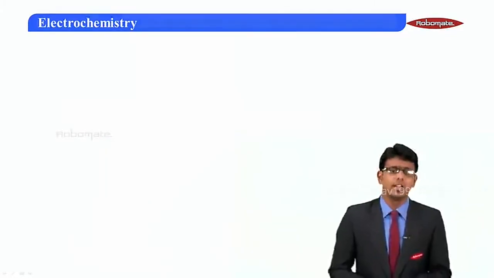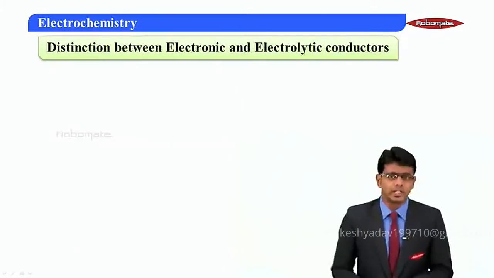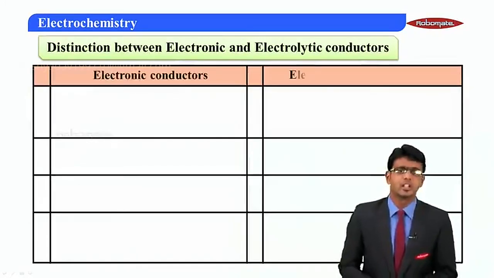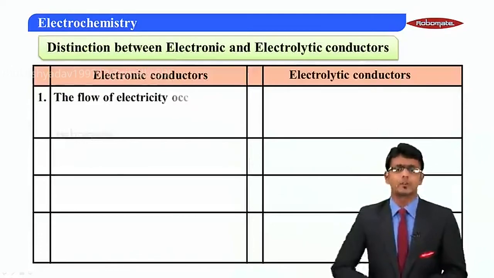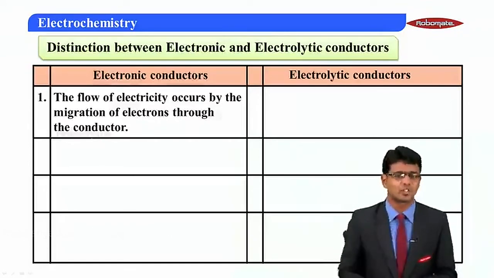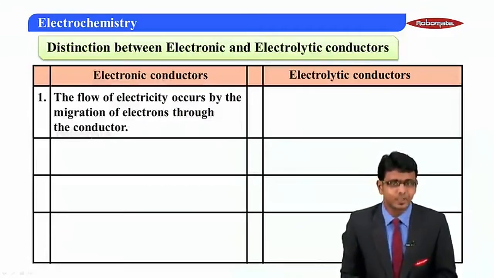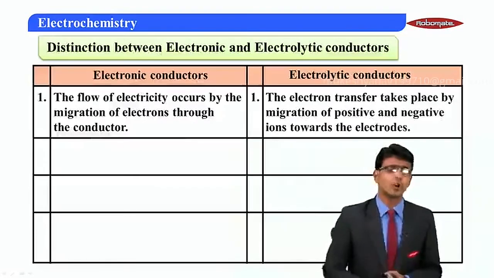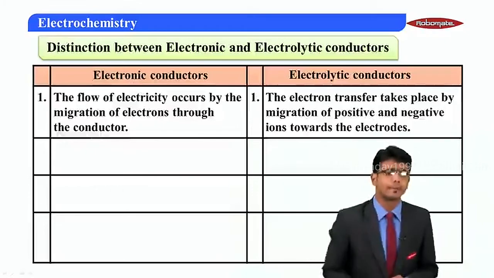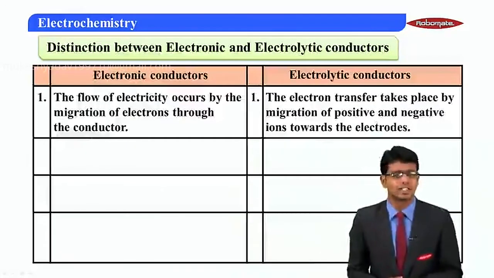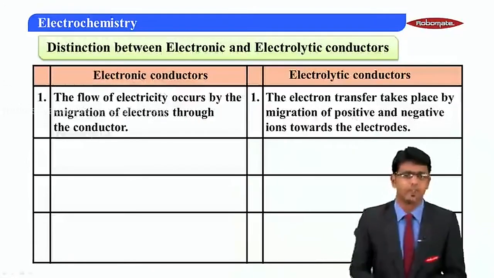So let us quickly differentiate between electronic and electrolytic conductors. The very first point: in electronic conductors, the flow of electricity occurs by the migration of electrons through the conductor, whereas in electrolytic conductors, the electron transfer takes place by migration of positive and negative ions towards the electrodes. That was the first point of difference.